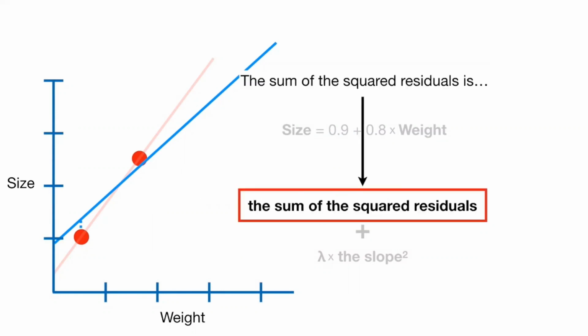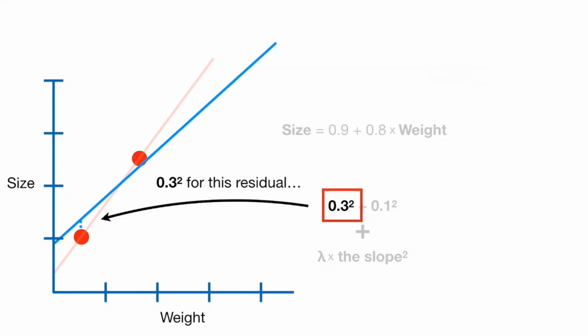Now if we take this line into consideration, for this line P2, the difference between this point and this point is 0.3, right? And the distance between this point and this point is 0.1, lambda we take 1, and the slope here is 0.8.